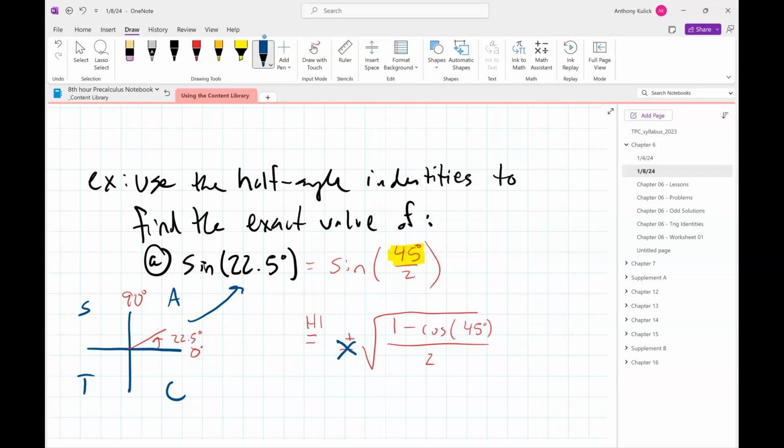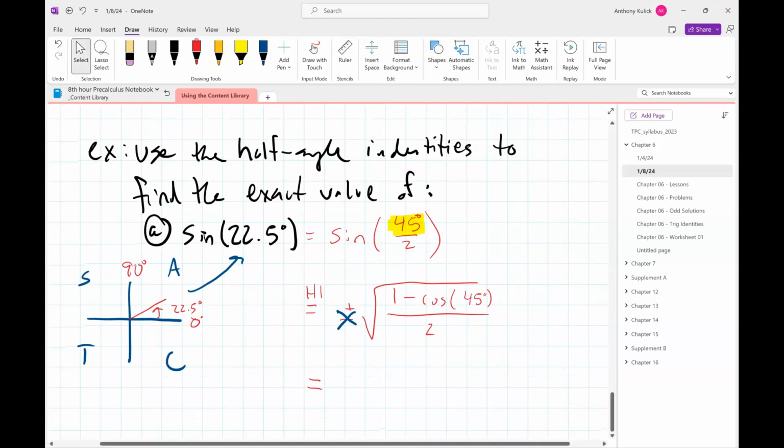So I don't want the plus or minus, I just want the plus, because this is a value of sine in the first quadrant, so it must be positive. Is everybody okay with that? If it was sine of 105, it still would be positive, right? Etc., depending on the quadrant. Okay, so there's that part.